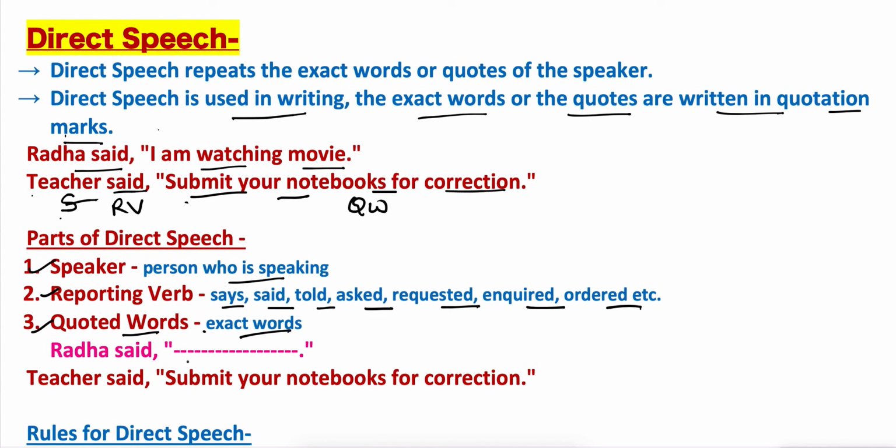Radha said, "I am watching movie." In this sentence, Radha is the speaker, said is the reporting verb, "I am watching movie" is the quoted words. So, now it's clear that direct speech has three parts. First is the speaker, second is the reporting verb, third is the quoted words.